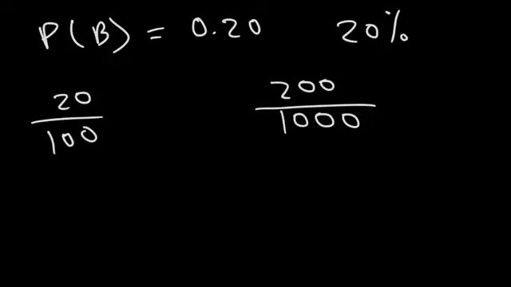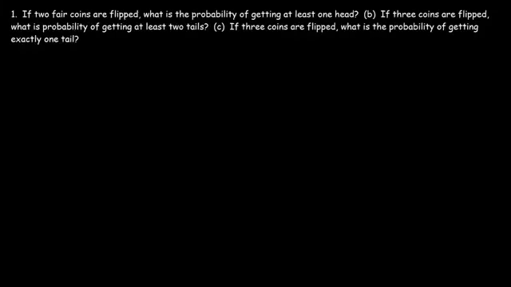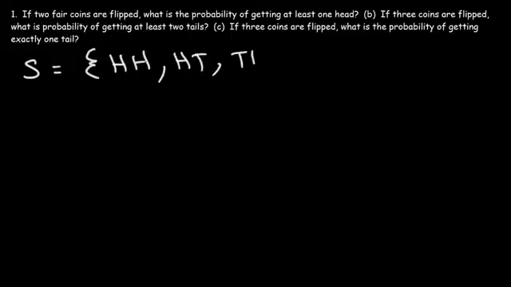But now let's work on some problems. If 2 fair coins are flipped, what is the probability of getting at least 1 head? Well, let's begin by writing out the sample space for flipping 2 coins. So it could be HH, HT, TH, or TT.